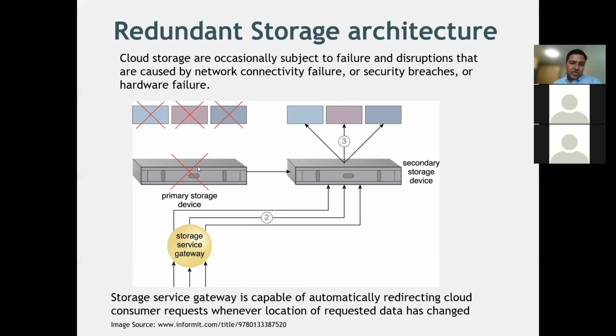If this storage fails, all the VMs that were supposed to get access to this and get service will not be able to. This is sensed by the storage service gateway, which will automatically direct the service to another storage, and then the task can be done. Simple.